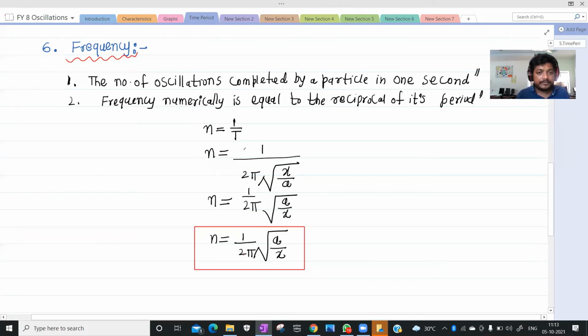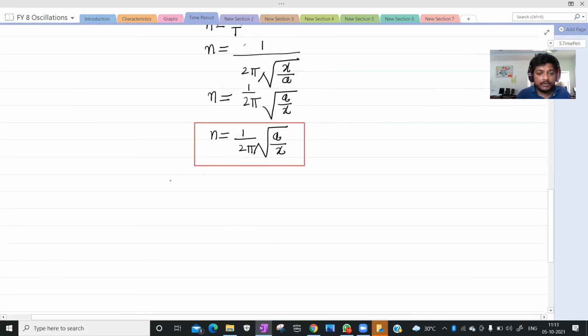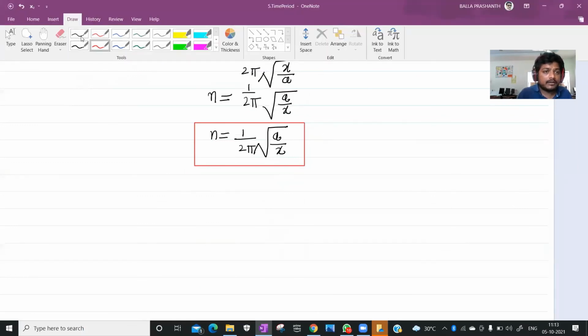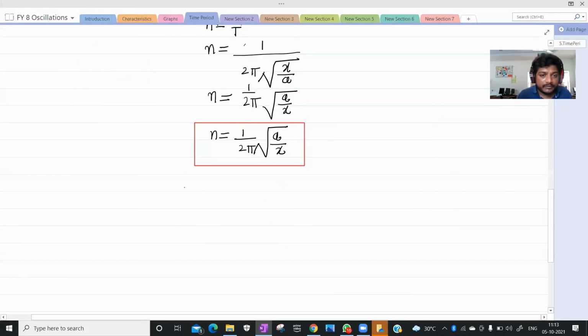One more equation I'm going to give you, a very important one, and we are going to use these further. I already told you what is omega: omega equals 2 pi by T. From this, omega equals 2 pi into 1 by T. What is this 1 by T?